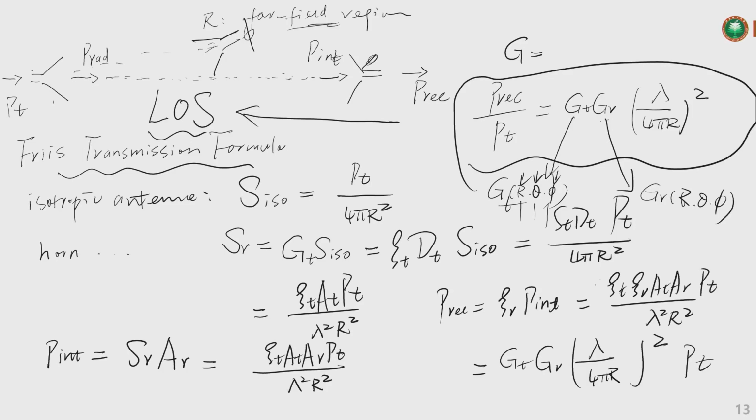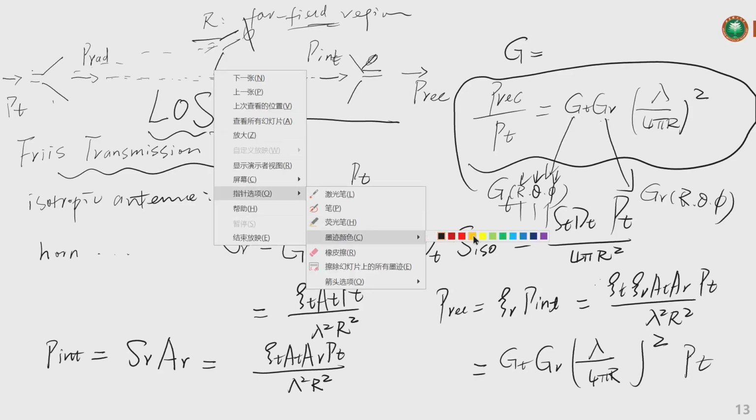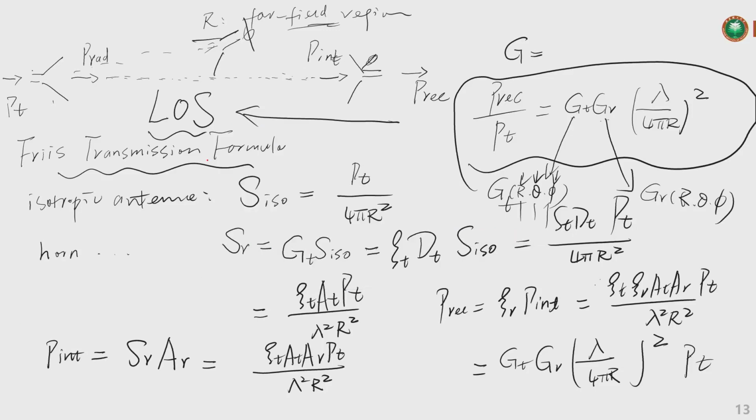Now, for example, if the gain of our antennas equals 1, it means they are isotropic antennas. For isotropic antennas, G_T equals G_R equals 1, right?